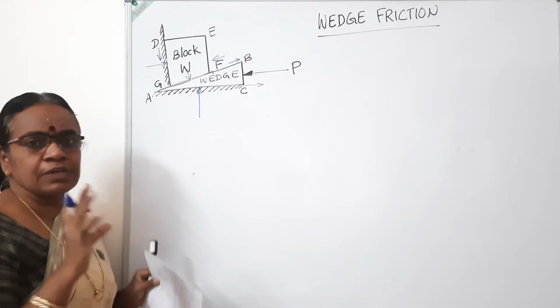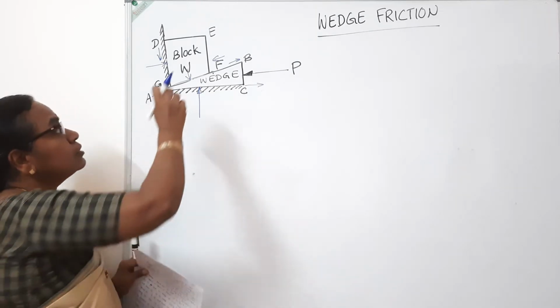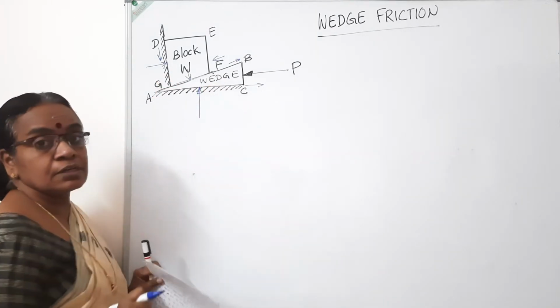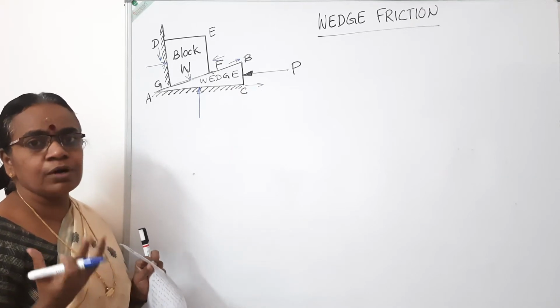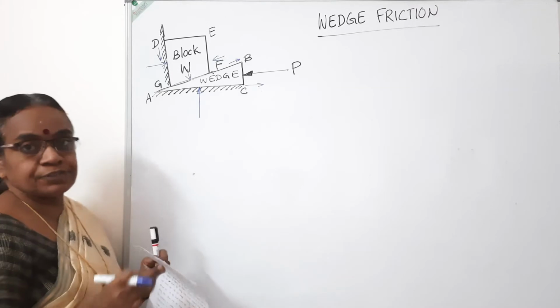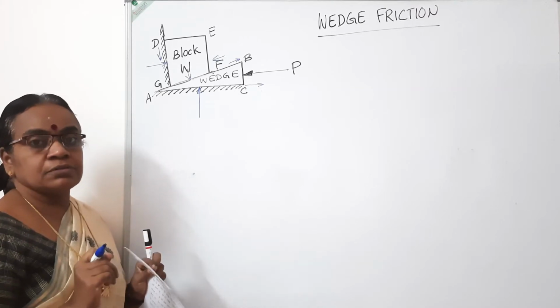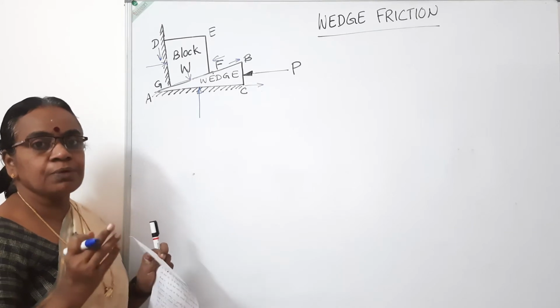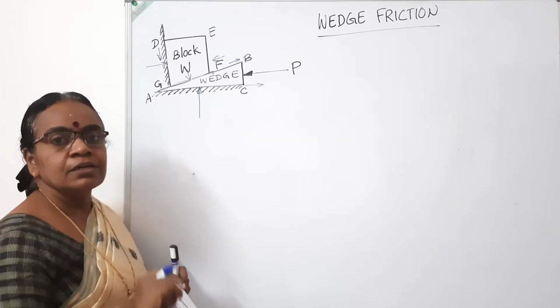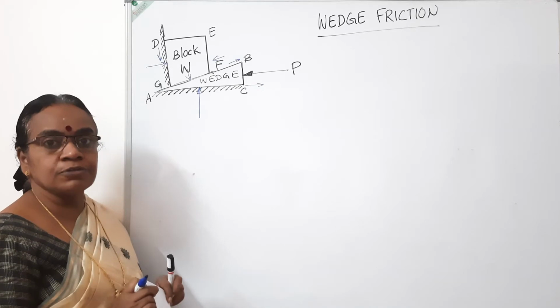In application, we have to draw the free body diagrams. One thing is the weight of wedge is neglected because it is negligibly small compared to the weight lifted. So self weight of the wedge is usually neglected in drawing the free body diagrams. We have to mark the normal reactions as well as the contact surface frictional forces.